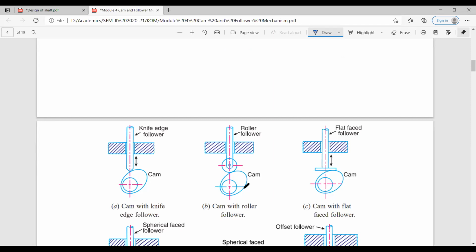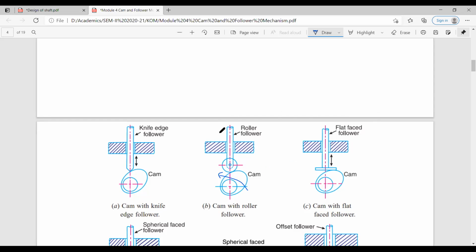So when the cam rotates, this roller will roll over the cam surface, but the motion of the follower will not be affected. It will only be reciprocating motion. Because of the rolling motion, instead of sliding motion, friction gets reduced considerably. It is the advantage.